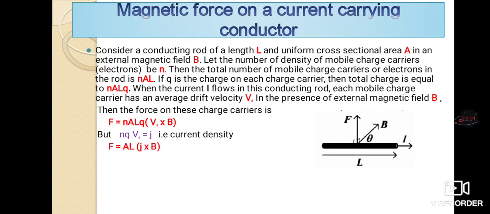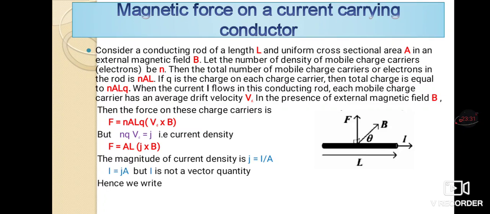Now our equation becomes F is equal to, n, q, Vd are replaced by J, and the left out term is AL, so F is equal to AL (J cross B). Now the magnitude of J, the current density, is current per unit area, that is I divided by A. So substitute the value.